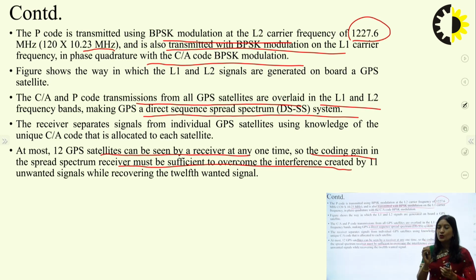So it should have a high correlation factor, so that it can easily overcome the interference caused by the unwanted signals from other satellites, because we want only 4 signals at a time. The remaining 8 signals will be unwanted, so your receiver should be able to overcome the effect of interference caused by those unwanted signals.